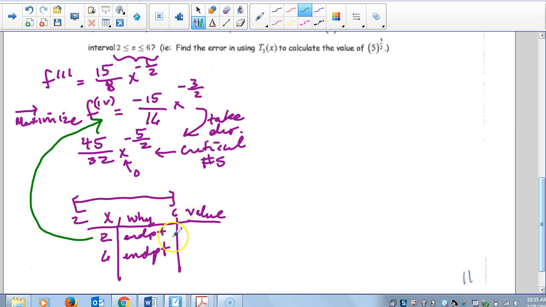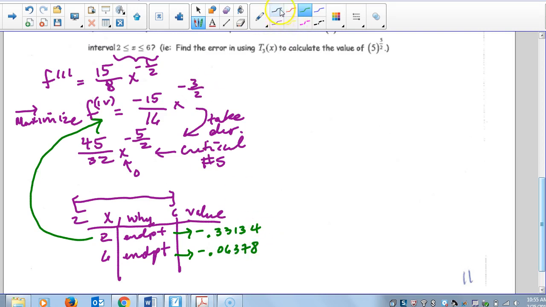Okay, so if I want the value for this one, I am going to get negative, and you can put this in your calculator if you don't believe me, 0.33134. The next one you get negative 0.06378.